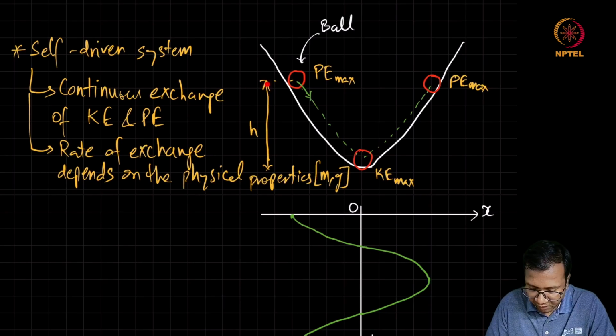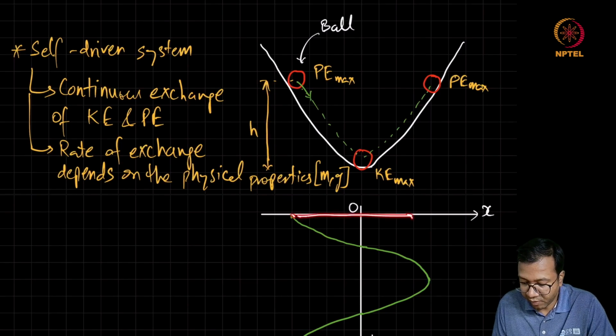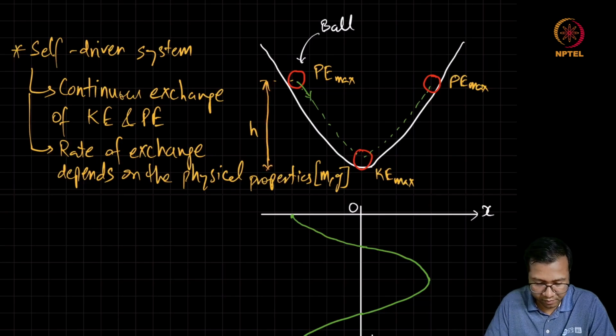So the height with which we start initially is only going to decide what will be the amplitude of x, what will be the maximum swing, whereas the rate is always going to be decided by the mass and the g. So that is not going to change with respect to the initial condition of the system.